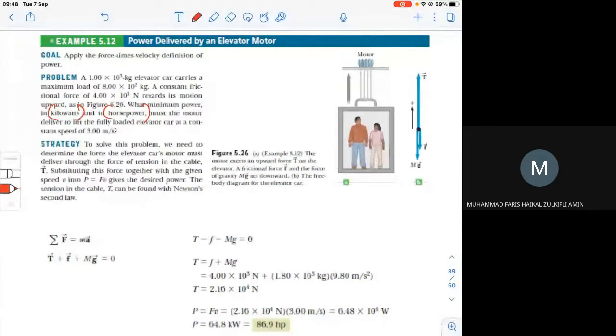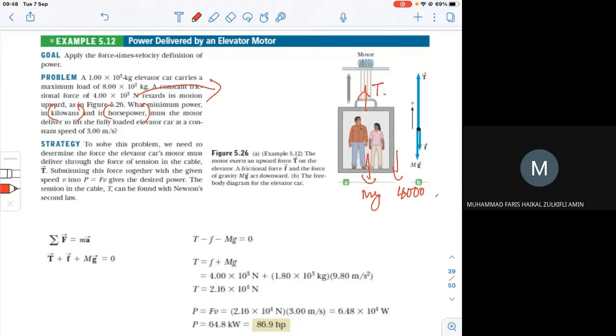Okay, must the motor deliver to lift the fully loaded elevator car at a constant speed of 3 meter per second. Okay, so in this case, we need to know, this is mg. We have a T, the tension, and we also have a frictional force, because it retards, about 4,000, going down.